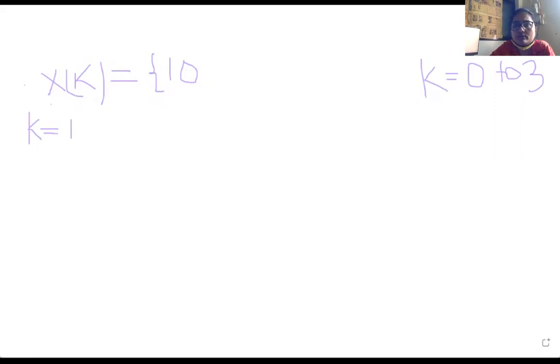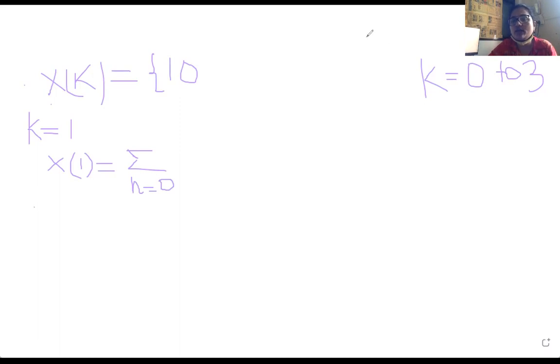So let us write the equation when k equal to 1. The DFT equation, that is x of k, I have written in the earlier slide. What is the DFT equation? X of k is equal to summation n varies from 0 to N minus 1.